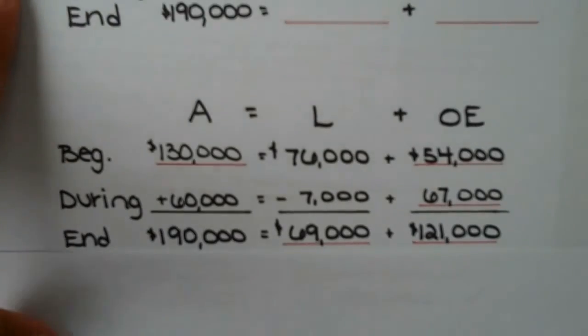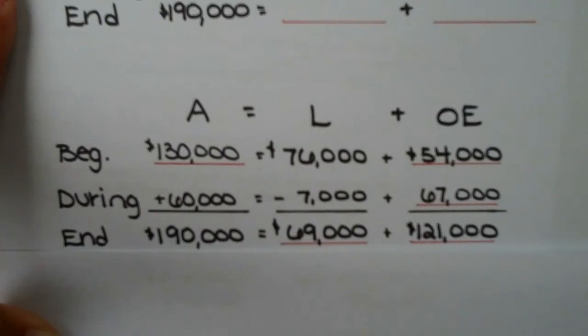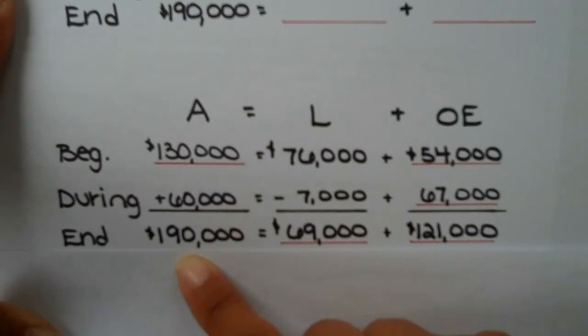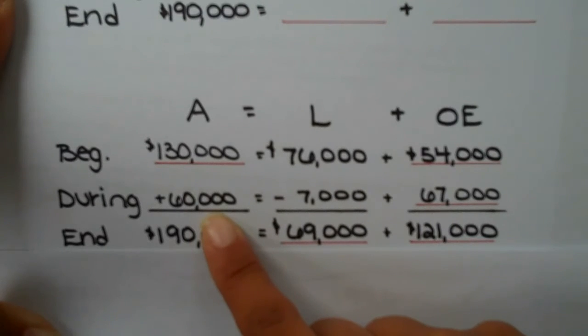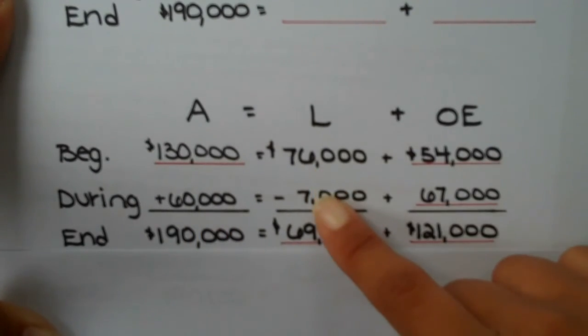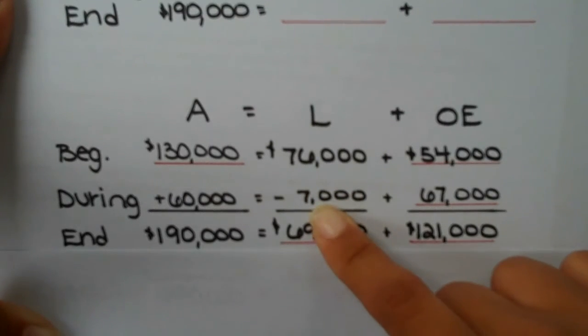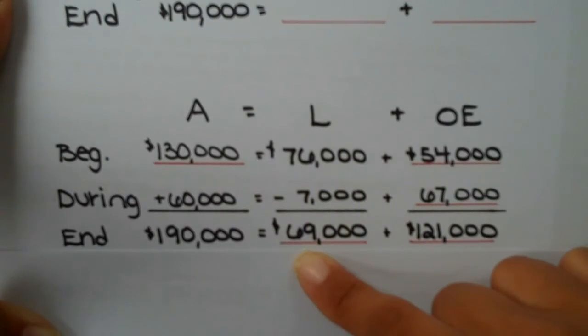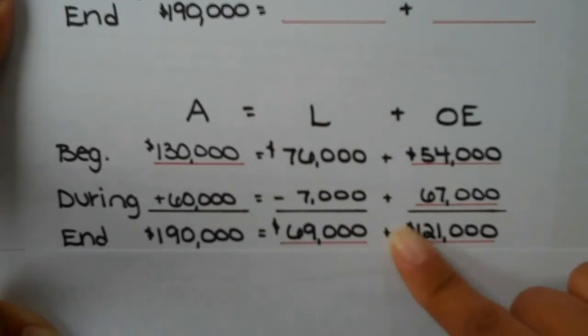So work through all your problems there, and you should get the following information for the missing items. So there's the 130, which we got by taking 190, subtracting the 60 from it. The 69,000, we got that by taking the 76 minus the 7,000, because remember we had a decrease. So that gives us an ending balance of 69,000.